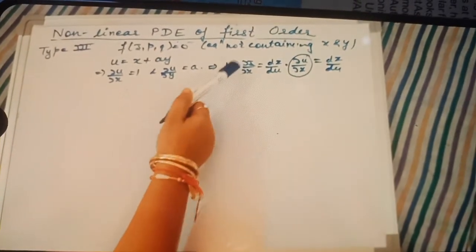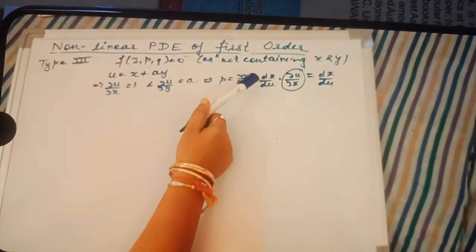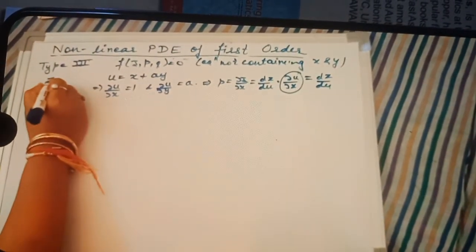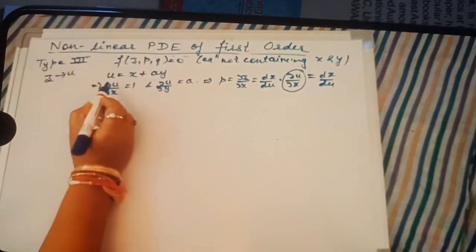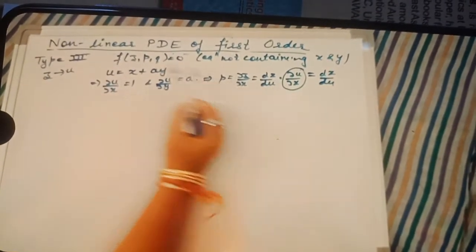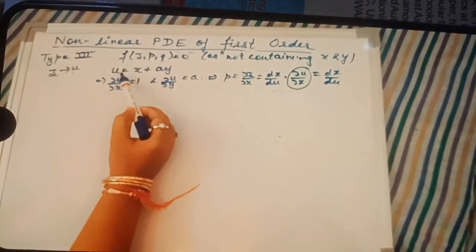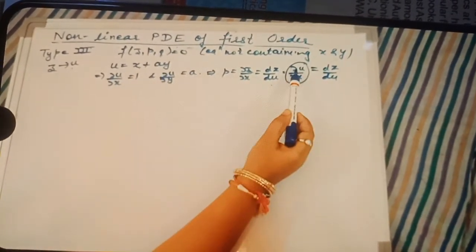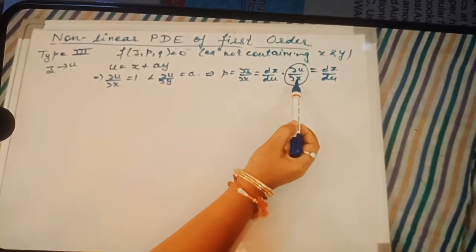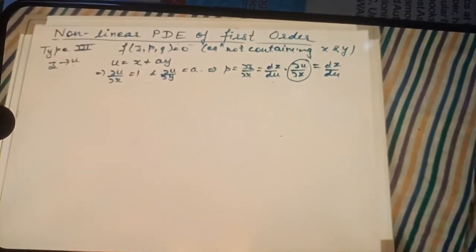You understand how we wrote del z over del x as dz over du, because we already said z is a function of u, where u is a function of x and y. Therefore we write dz over du, because z depends only on u, and u depends on x, that is why we write del u over del x. This value comes out to be dz over du.